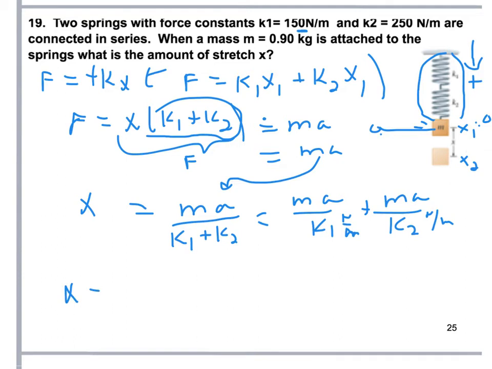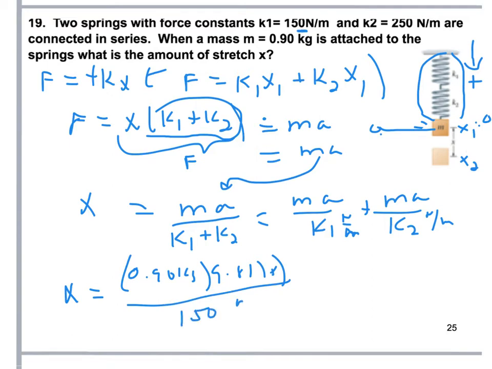So our x equals the mass, 0.90 kilograms, times 9.81 meters per second squared, divided by the first spring constant, 150 newtons per meter. And then we get the same thing over here for the mass times our acceleration divided by the other spring constant.